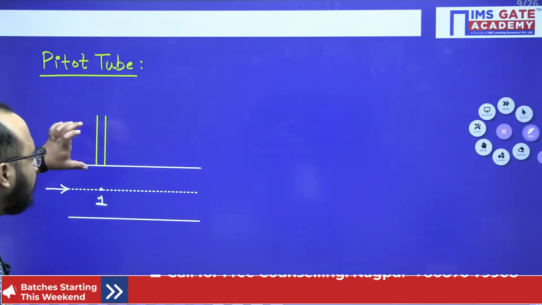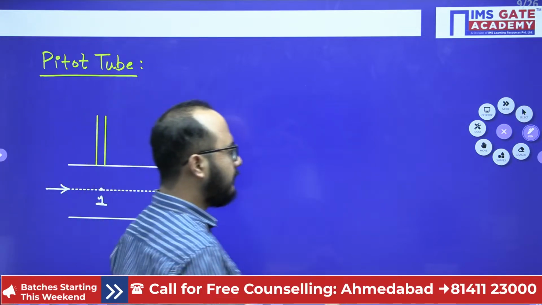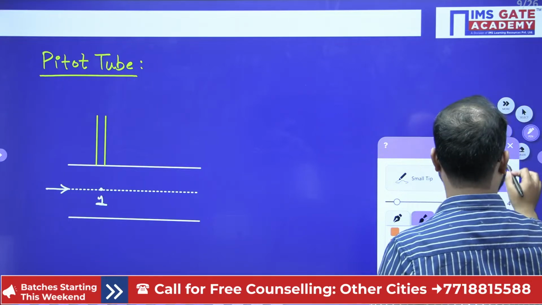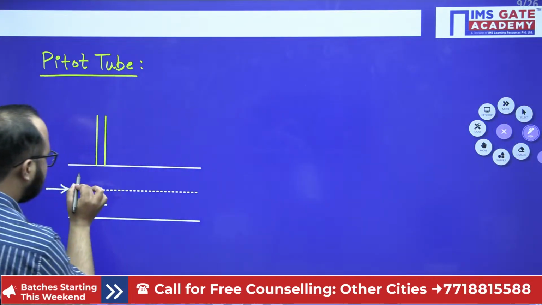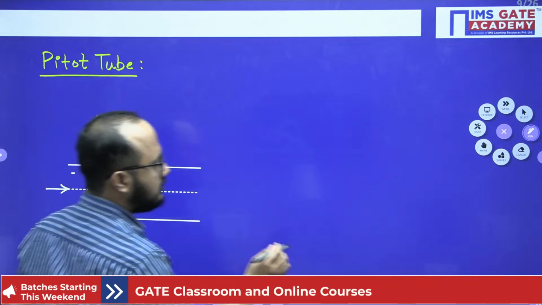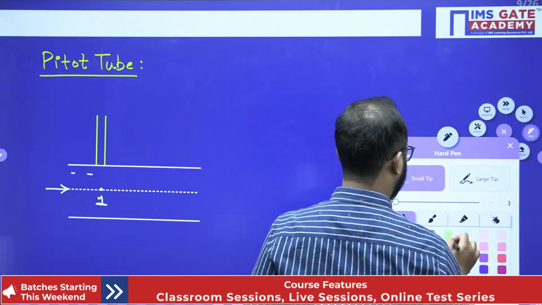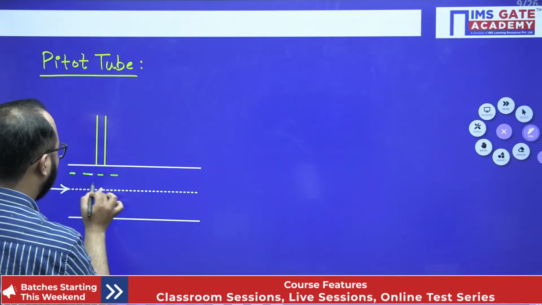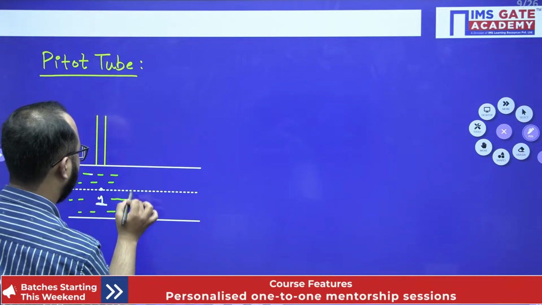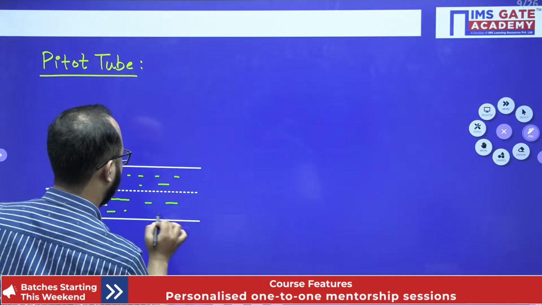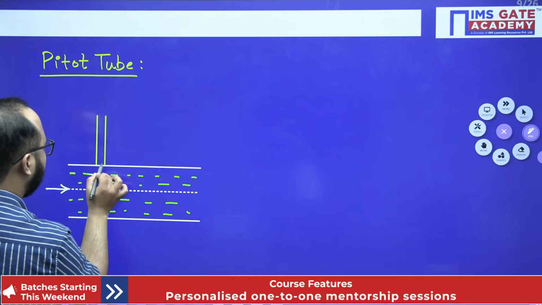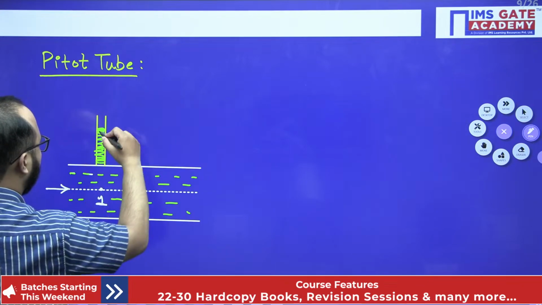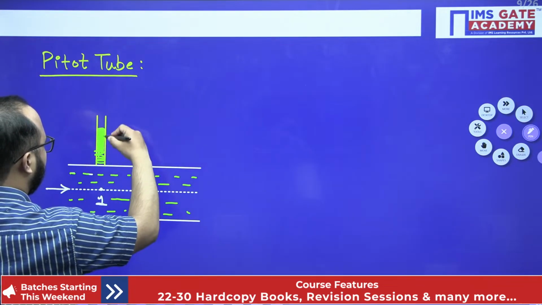So what actually will this piezometer tell us? Can anyone tell me? The piezometer will tell us the static pressure value. Static pressure value it will tell us, right? Okay, so let's suppose it is filled till here.